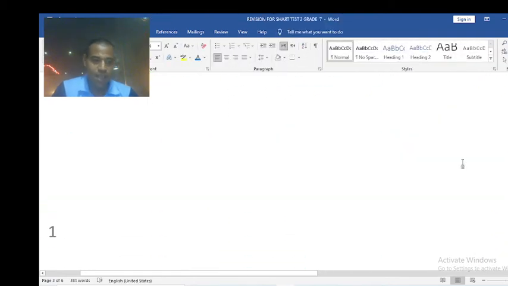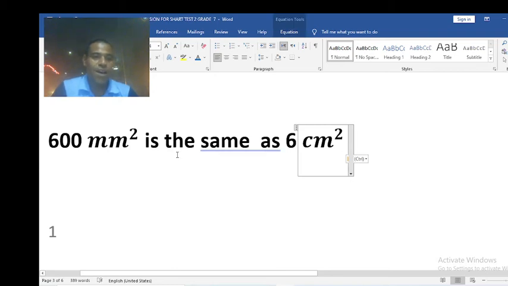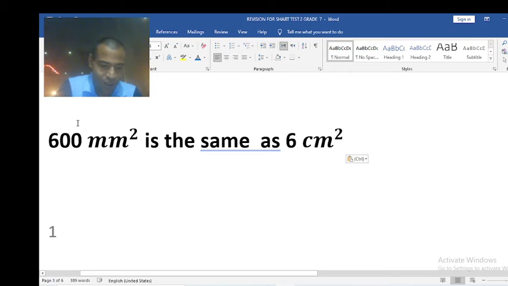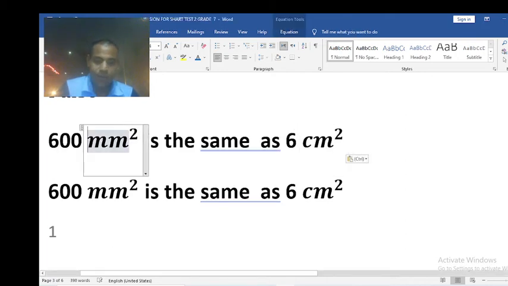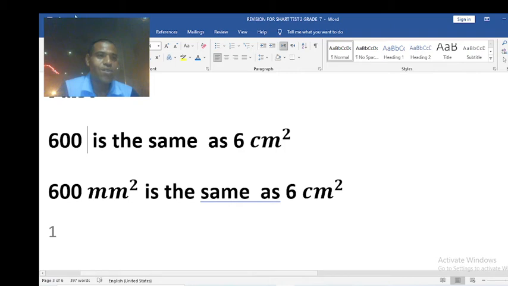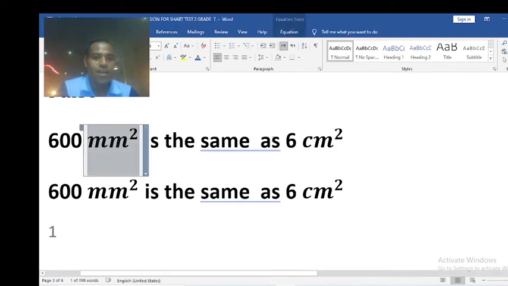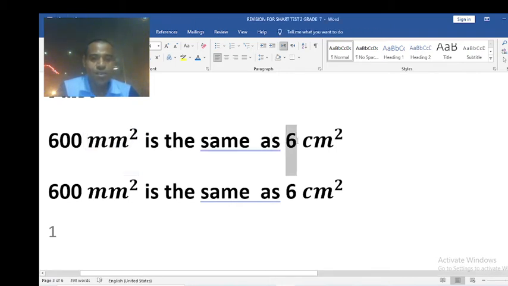So first of all, learners, is it true or false? It's false. Okay, why? Simply because you already know that 1 centimeter square is equal to what?